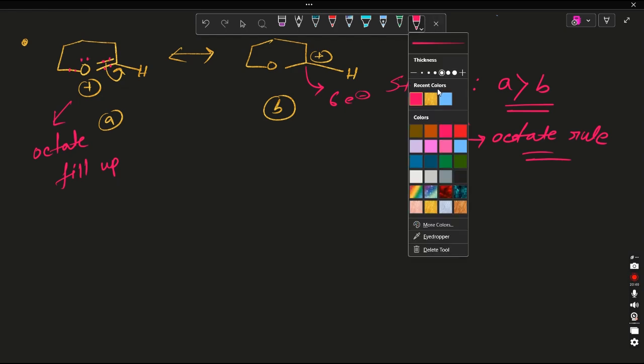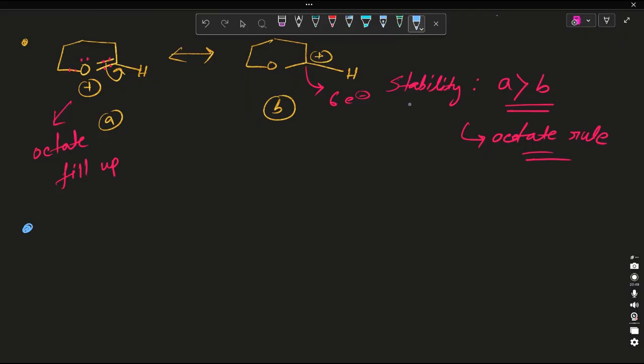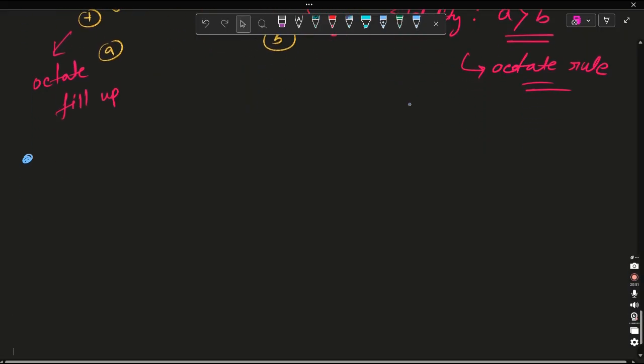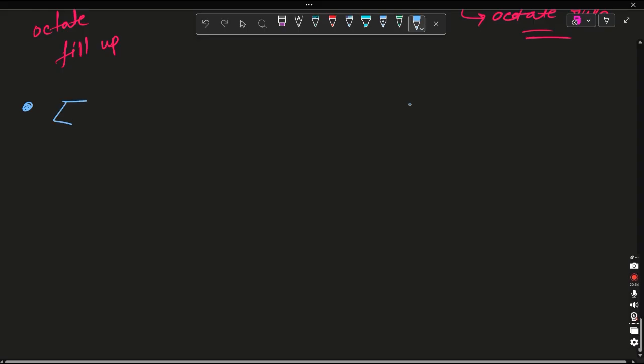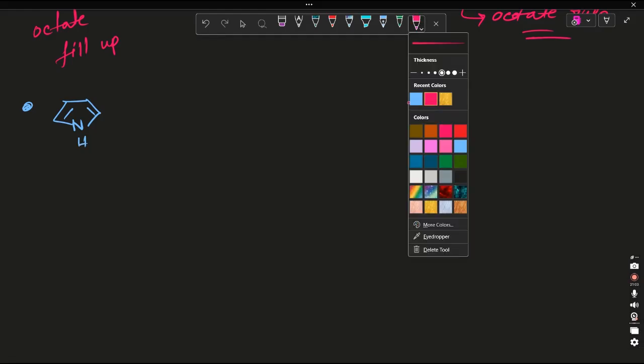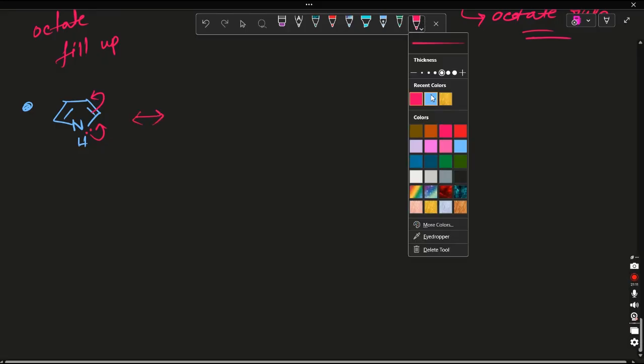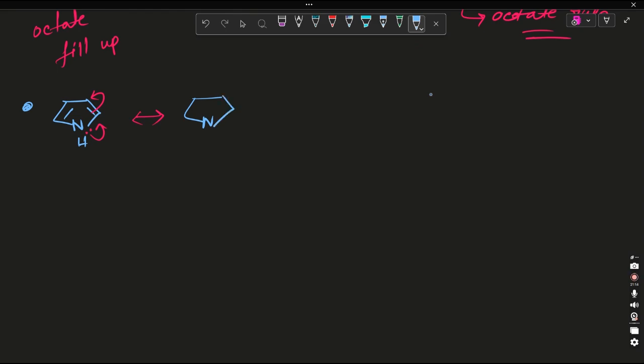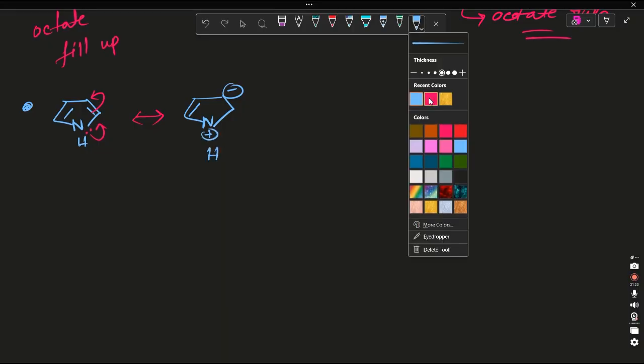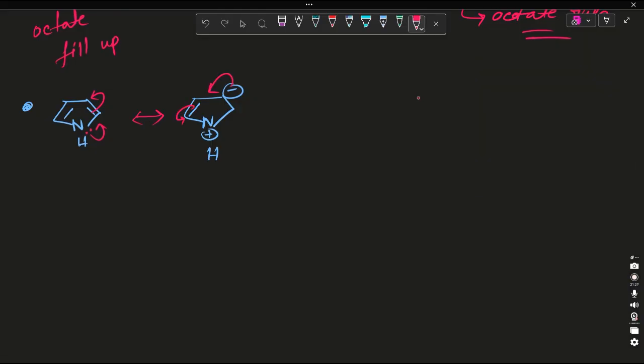Now the next example is like this. Now if we want to draw the canonical structures of this, like that of phenol, similarly the lone pair of the nitrogen atom shifts here and we get a structure like this. Again shifting, and we get this.